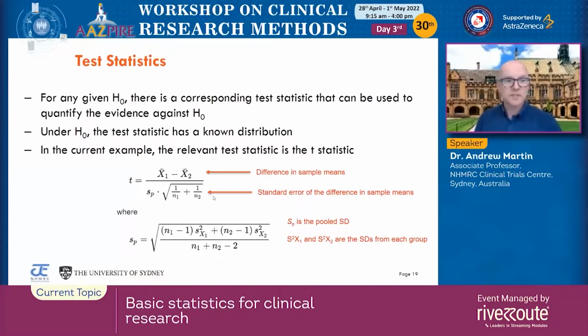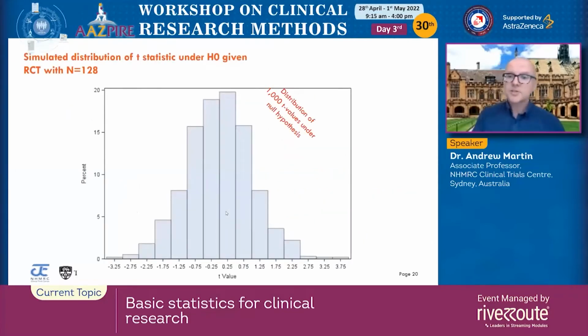Now, you don't need to remember all of this stuff. What you do need to remember is that for any endpoint, under the null hypothesis, we can characterize the distribution, the expected distribution of an appropriate test statistic. And so here is the t statistic for 1,000 simulated randomized controlled trials, all done under the null hypothesis.